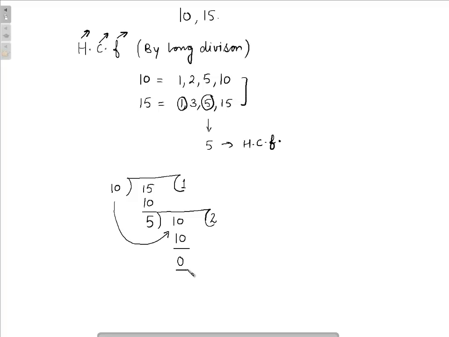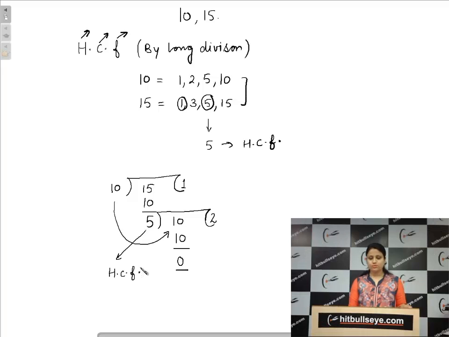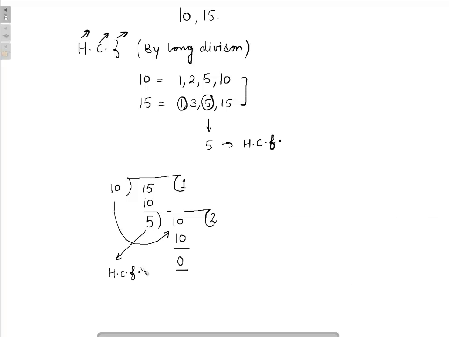Whenever you are getting 0 as the remainder, you stop there. The latest divisor will be the HCF. That will be the final HCF of these numbers. So in this case, what will be the HCF of 10 and 15? That is 5.